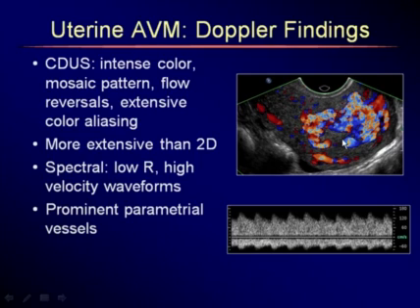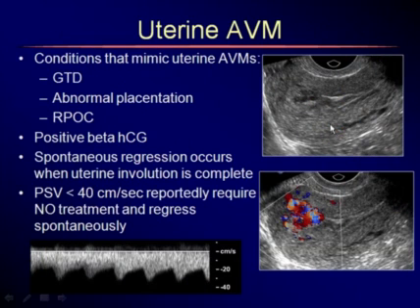There's a mosaic pattern with aliasing, and one should attempt to take a peak systolic velocity. Now, this can mimic retained products of conception. It can mimic abnormal placentation, and gestational trophoblastic disease is in the differential. These patients, so of course a beta would be indicated, a beta HCG level.